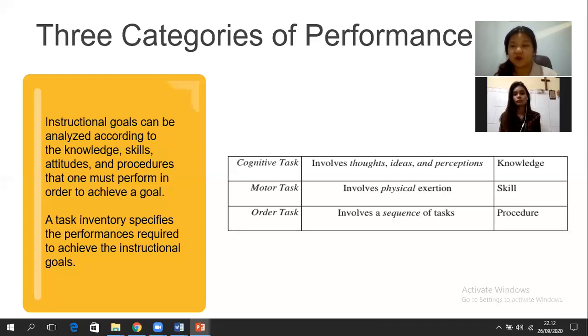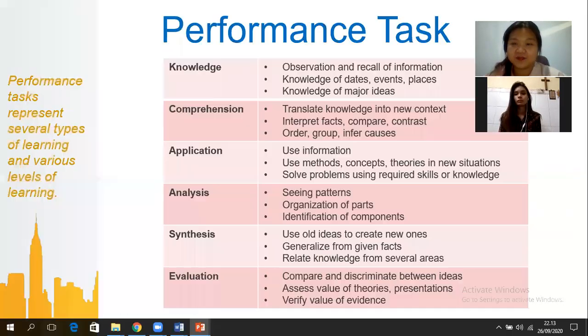Like Talia said before, the teacher should set the goal, and the students should achieve that goal. And then a task inventory specifies the performance required to achieve the instructional goals. Okay, performance task.